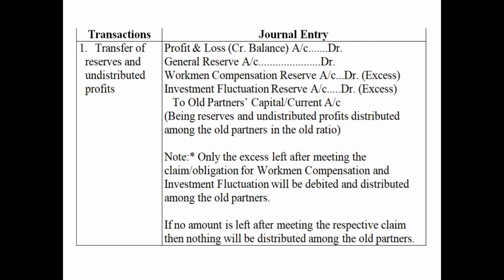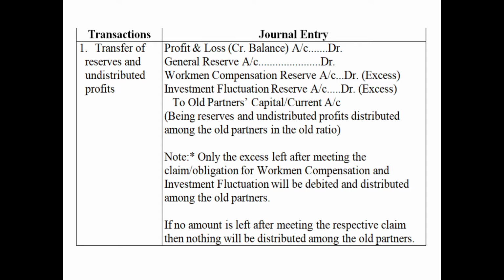If it is a credit balance of profit and loss account, then it will be an undistributed profit. But if it is a debit balance of profit and loss account, then in that case it will be an undistributed loss. So if the credit balance of P&L account is given, then only it will be treated as undistributed profit.